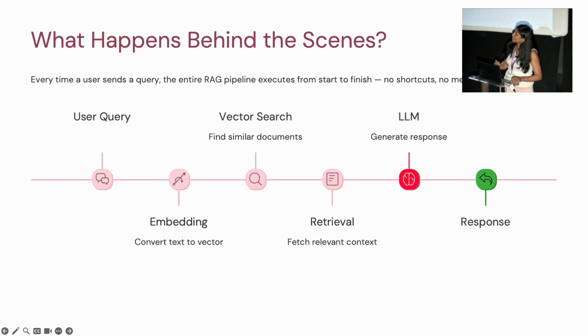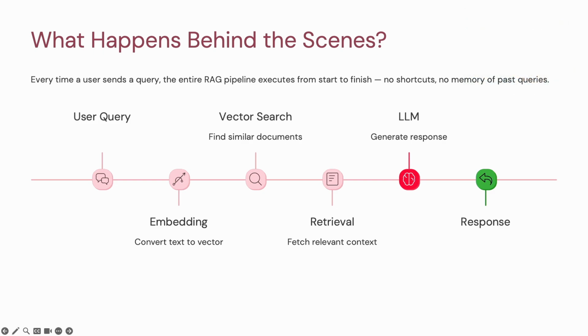Let's look at what exactly happens when a user submits a query to the system. The system takes the user query and converts it into embeddings, and then it searches through the vector database and retrieves all the relevant documents, and then it passes all the context to the LLM to generate a response, and finally the generated response is returned to the user.